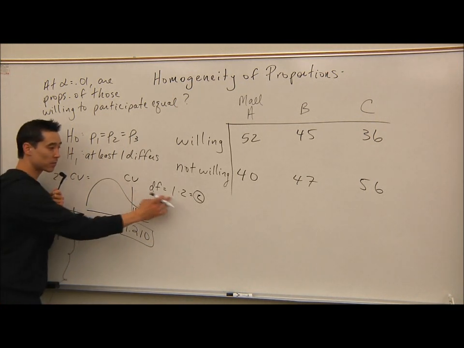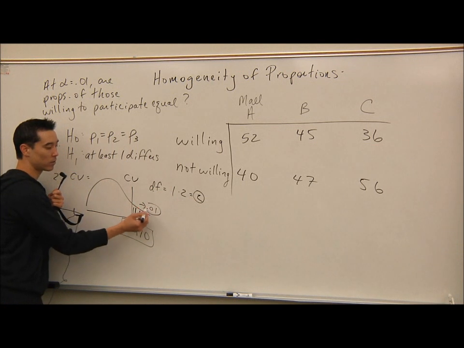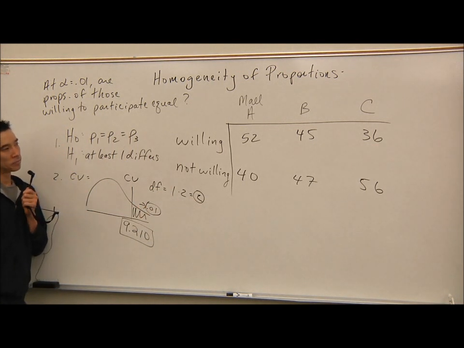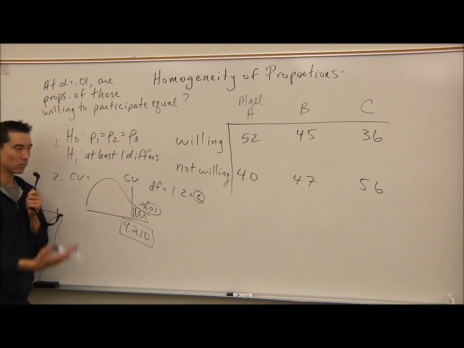Make sure you have your degrees of freedom is 2, and alpha is 0.01. Okay, now, I actually have good news on this problem. Can anybody see what the good news is already, potentially? Well, go ahead and do the row sum and column sums, and then hopefully you will see some good news.